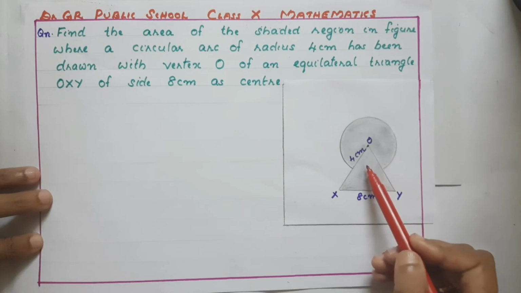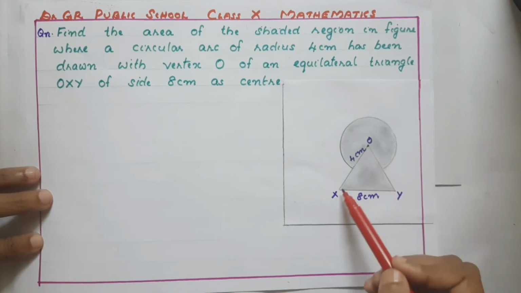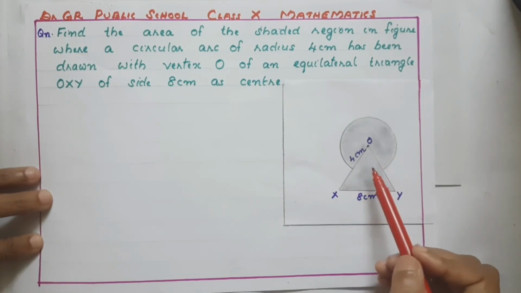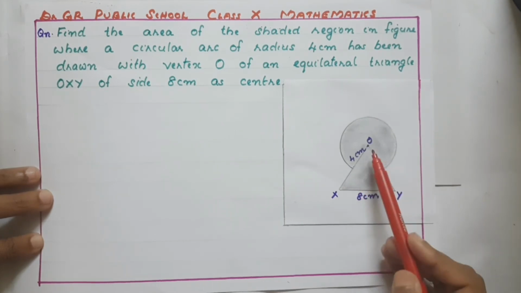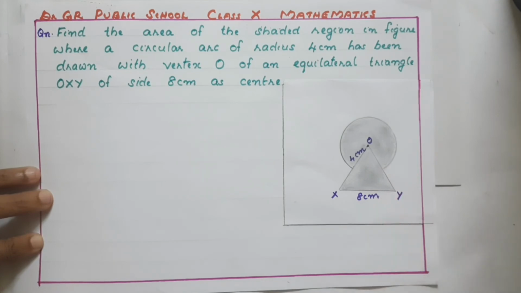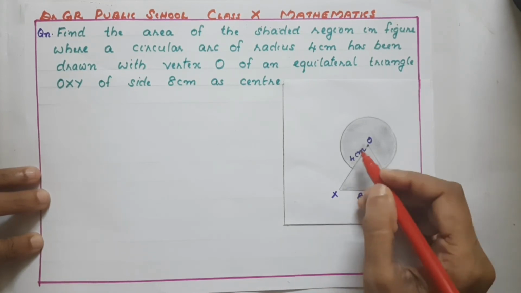So, this is an equilateral triangle, isn't it? What are the properties of an equilateral triangle? One property, all sides are equal. So, if this is 8 cm, this OX and OY are also 8 cm. Then what do you know about the angle of an equilateral triangle? Each angle is 60 degrees.